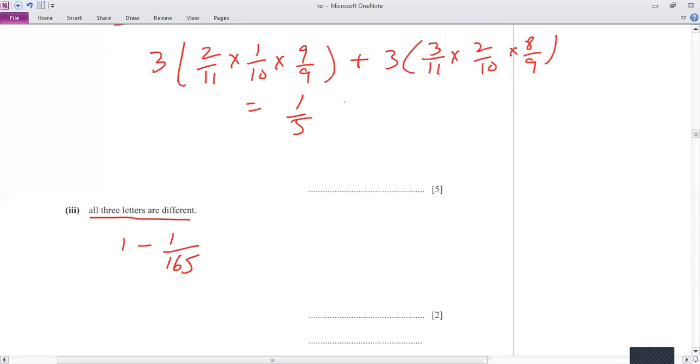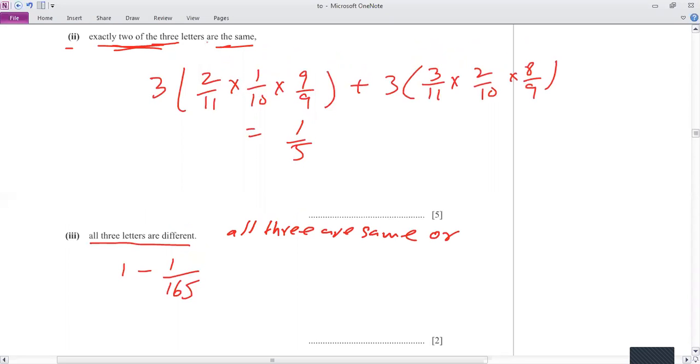One of the chances is that all 3 are same, or this condition can be 2 of 3 are same.